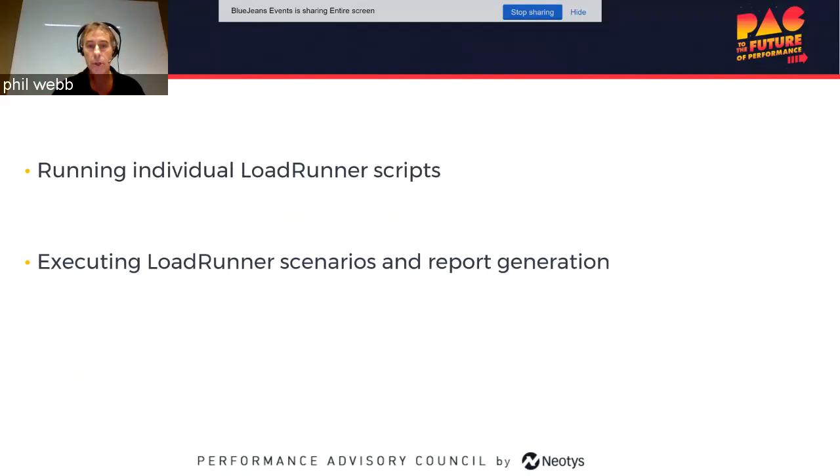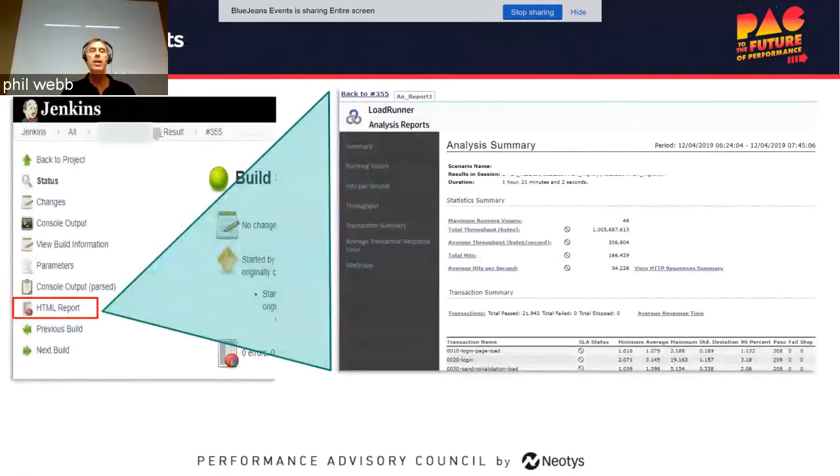Just to give you an idea of what our Jenkins actually looks like, this is the report job. When it runs, we run LoadRunner Analysis, and there's the HTML Reports plugin you can use, so you can put the LoadRunner Analysis summary report in with the job, so you can keep track of all your reports online.